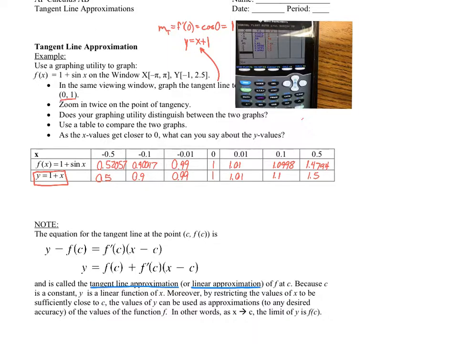Okay? Now, one application of this that people have used in the past was in finding values of trig functions. Before the advent of the scientific calculator, when you could just type in sine of whatever, we used tables. These tables used something called linear interpolation, okay?